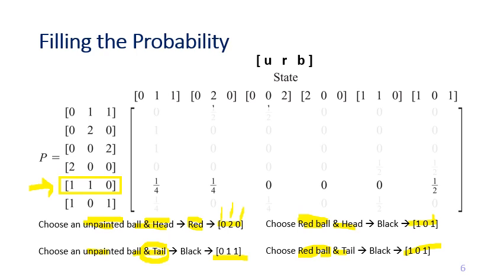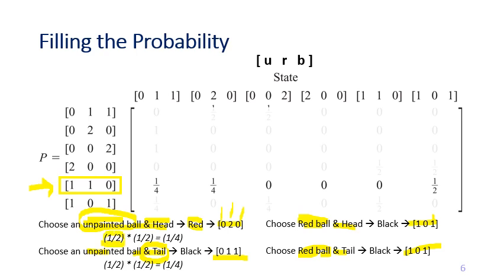Okay, and then you start computing the probability of all these events. Choosing an unpainted ball, the probability is 1/2, because you have two balls, one unpainted and one red at the beginning, and choosing the unpainted has the probability of 1/2.